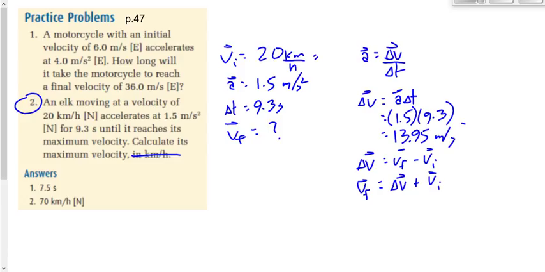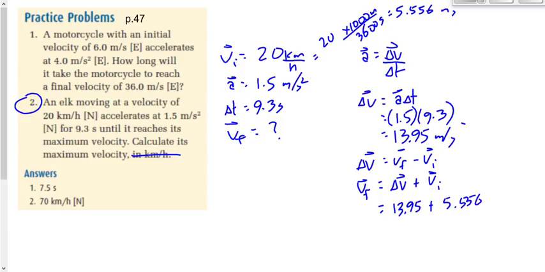This 20 kilometers per hour, we would multiply by 1,000 to get meters, and divide by 3,600 to get seconds. We end up, I think, with 5.5556. So it becomes 13.95, my change in velocity, plus 5.556, which gives me 19.5, or we'd round that to 2 digits, 20 meters per second.